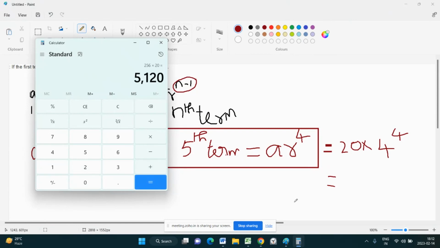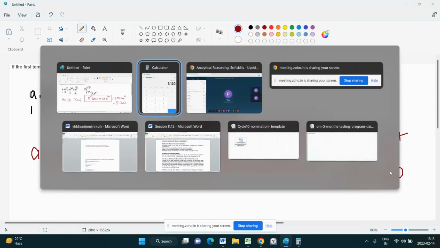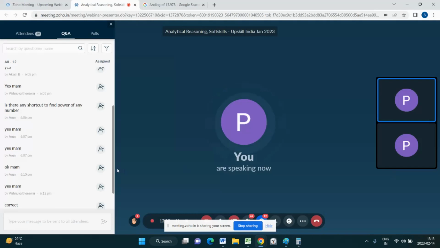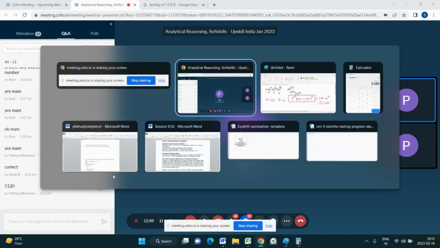No, 5120 is the answer. Correct? Very good. Vishnu has already given the answer. Very good. Excellent. So now I will give you one sum, which you will do and give me the answer. Okay?